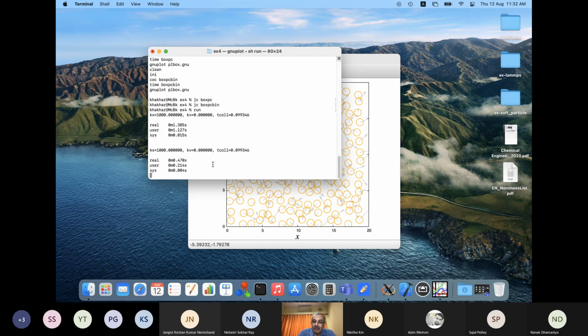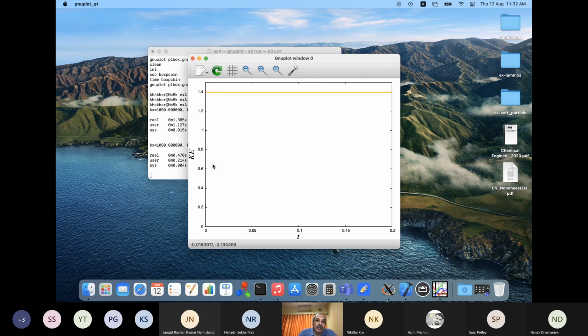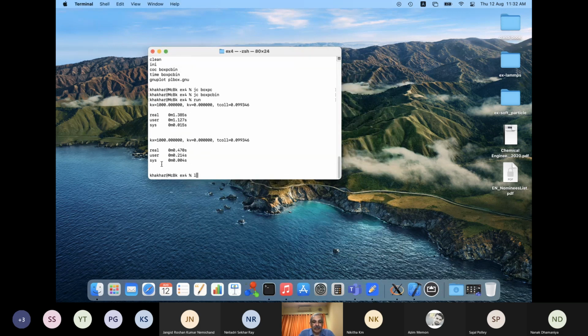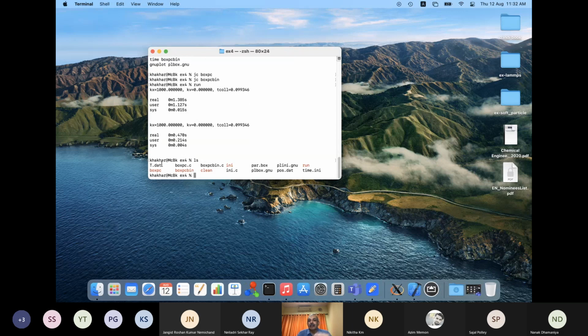So you can see that it takes almost 1/3 the time. And so you get a significant time improvement. And of course, for small systems, it doesn't matter much. But once you go to hundreds of thousands of particles, then you can have significant savings by doing these types of things.